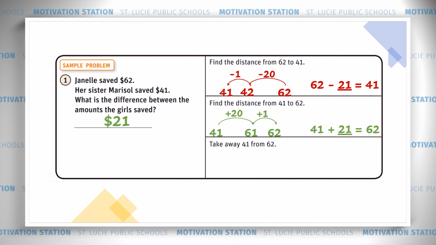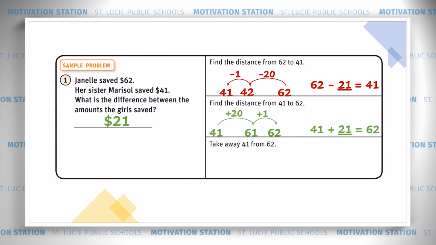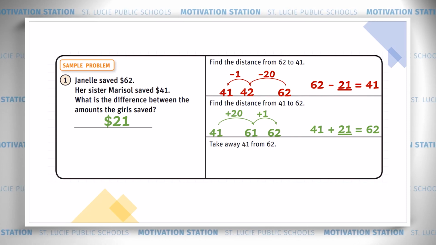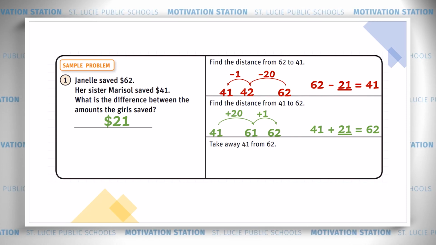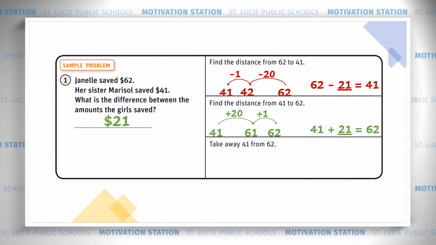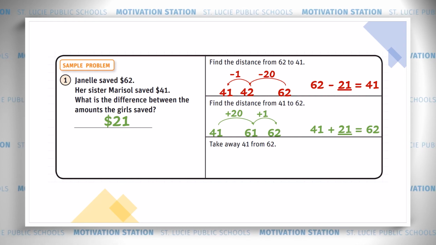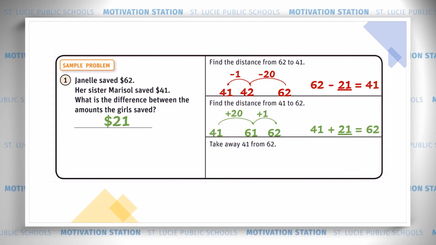We have found the distance from 62 to 41 by subtracting. We found the distance from 41 to 62 by adding. Now we're going to take away 41 from 62. This is going to be subtracting again, but it is going to look different than our first subtraction problem.